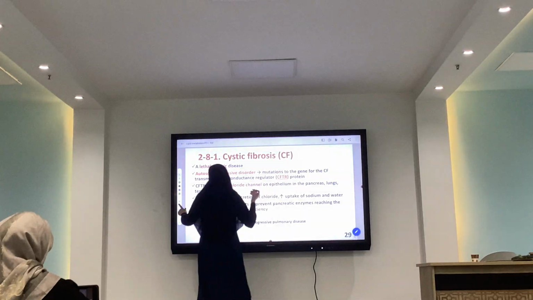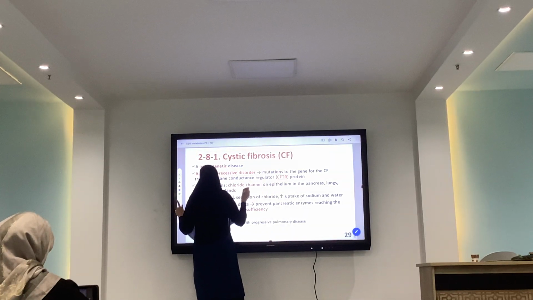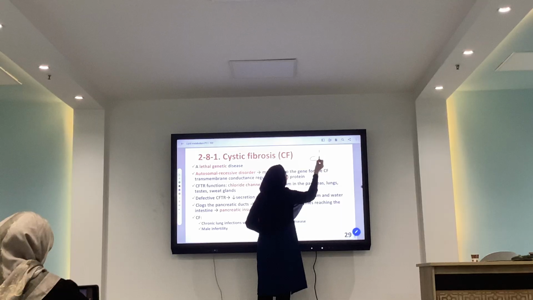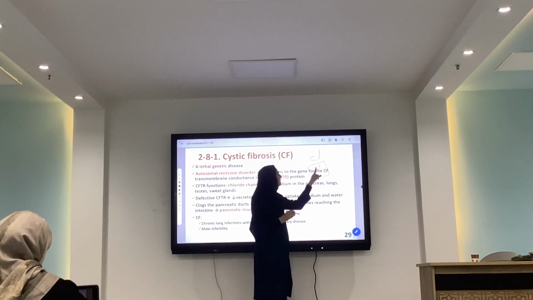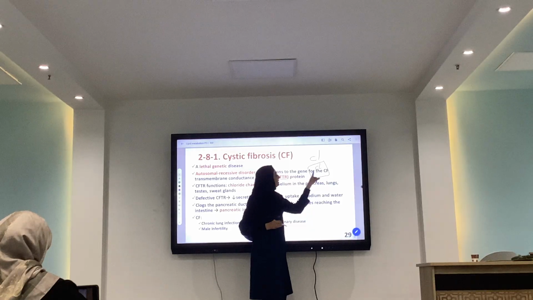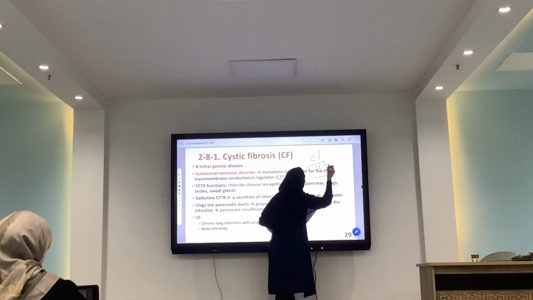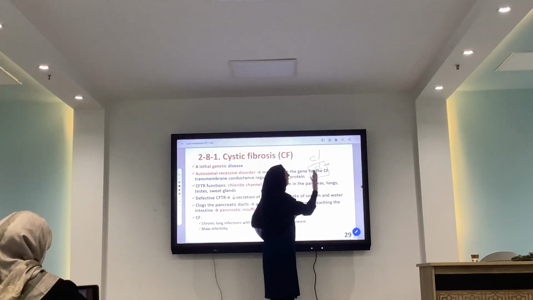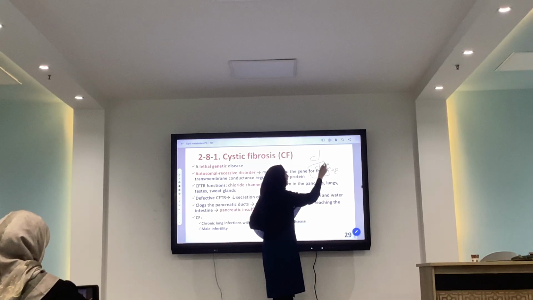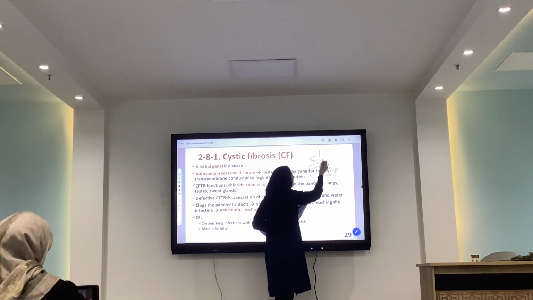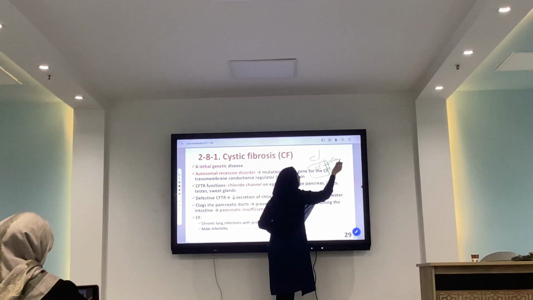Because chloride is an ion that accumulates in the cell. It cannot go out from the cell, and on the other hand, the water cannot leave the cell either. The mucus becomes concentrated.